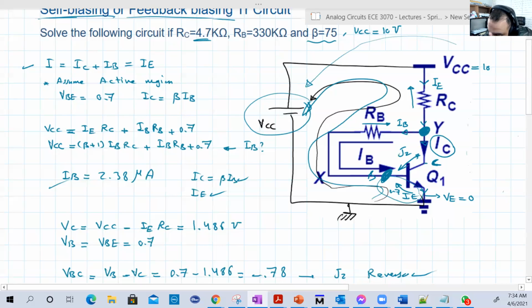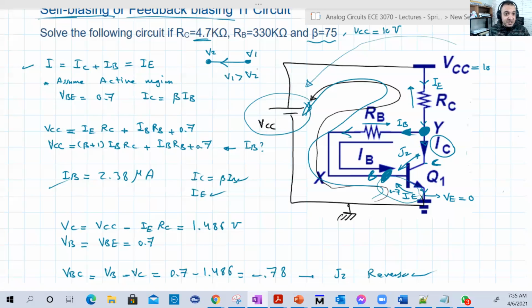Remember, IB is flowing from that node, the collector, into the base, in that direction. For a current to flow between two points in that direction and be positive, and remember IB must be positive, that node should have a voltage V1 greater than this voltage V2. And that's the case.